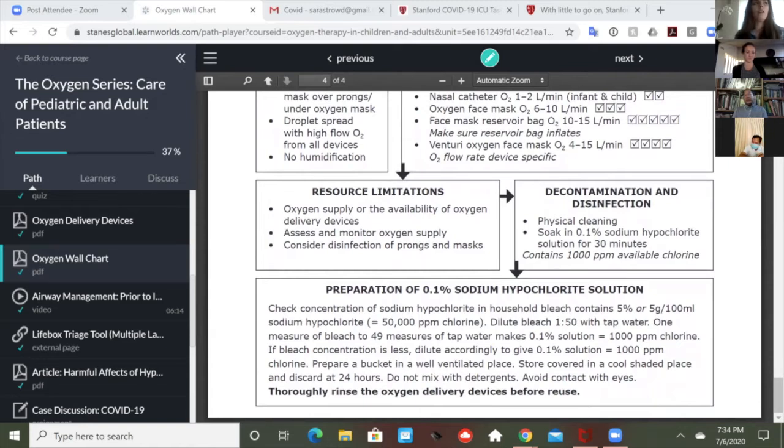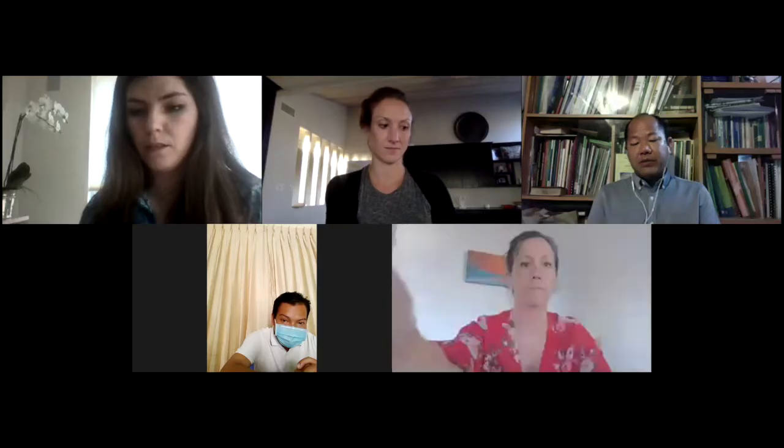So again, in low resource settings, you frequently don't have a lot of oxygen delivery equipment or tubing, so it's okay to use that on multiple patients as long as it's disinfected in between. Do we have any questions about that? And panelists, do you have any other comments on the use of oxygen for COVID?